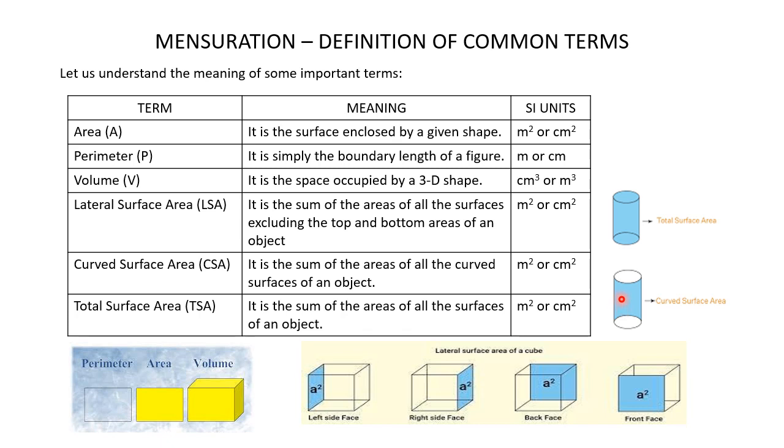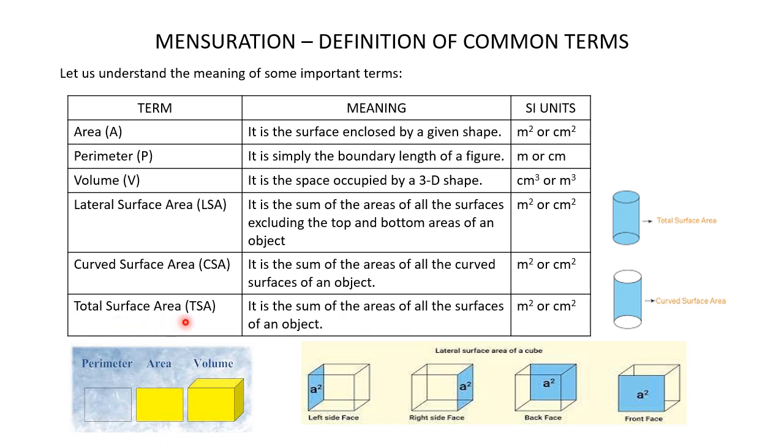The surface marked in blue color is the curved surface area of the cylinder. Here the top and the bottom surfaces are flat. Only the area indicated in blue color is the curved surface. So the area of this curved surface would be the curved surface area of the cylinder.